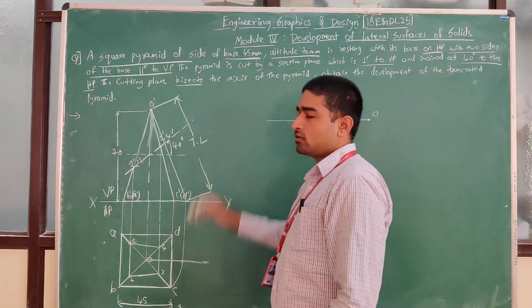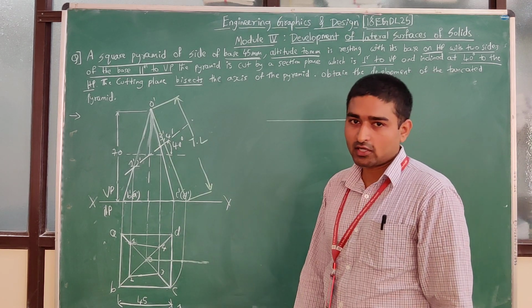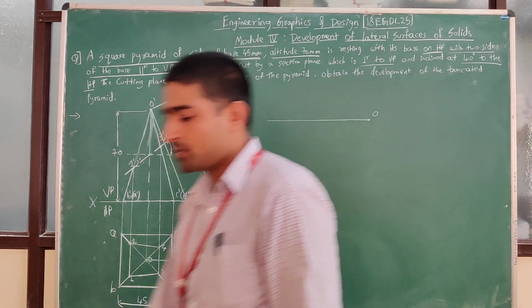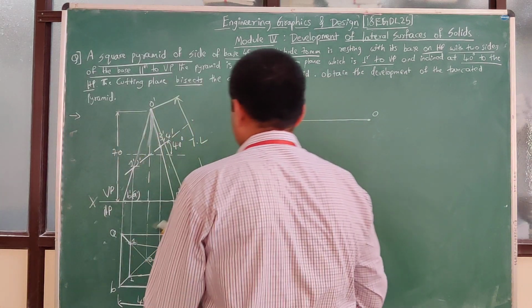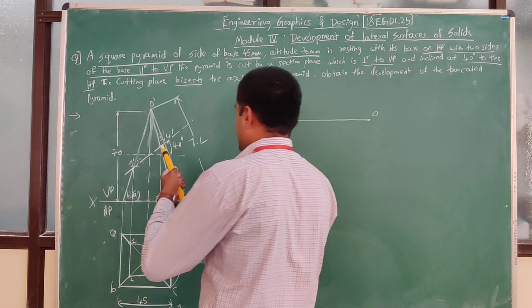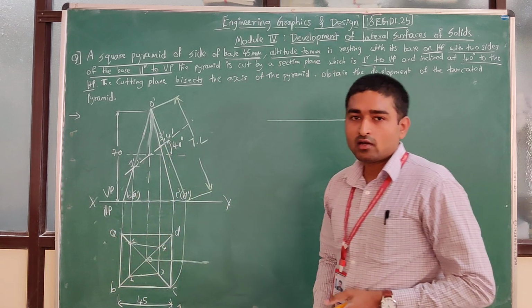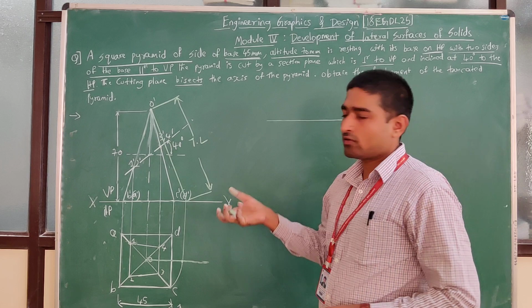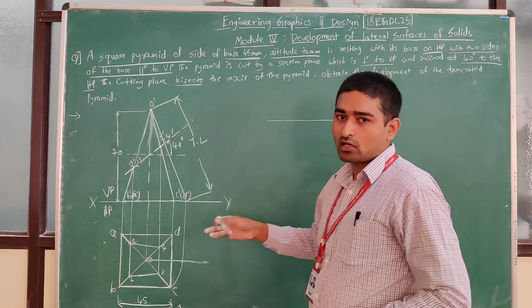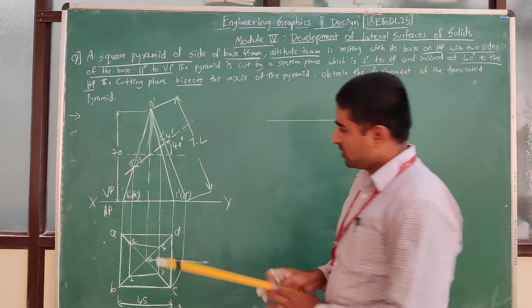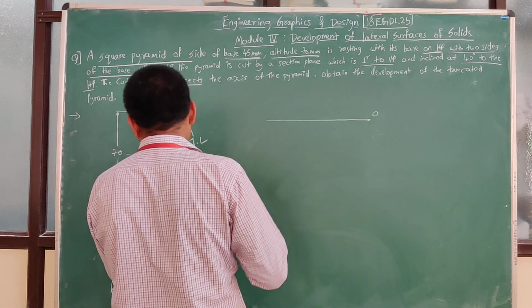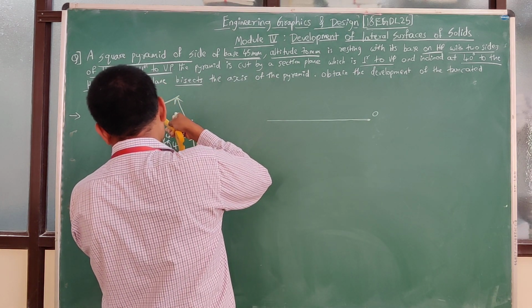The true length of the inclined edge. So how much should this be? Let us see the inclined length. You can measure it with the scale also, but the easiest method is just measure with the rounder and cut it on this line. So that will give you the exact length of the shape.